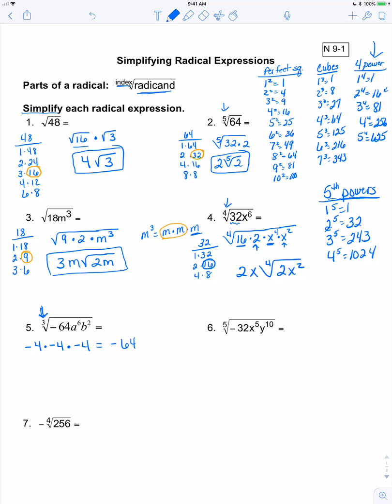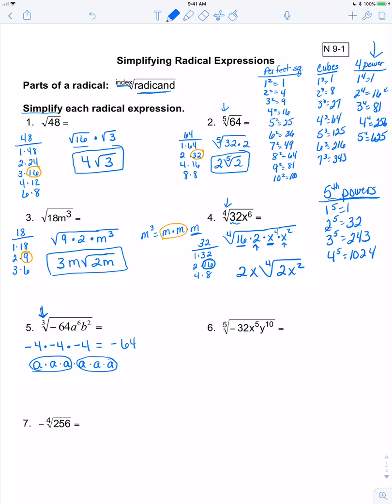Okay, so then a to the 6th. All right, I'm going to show you a different way to think about that. So that's a times a times a times a times a times a. Right? Okay, so remember, every 3 of these gets to come out of the radical as an a. So here we have 2 sets of 3.